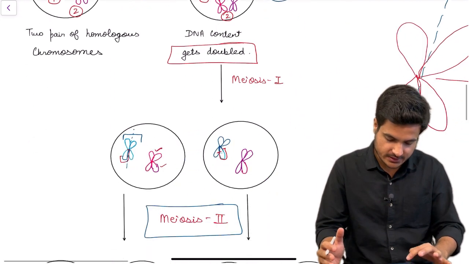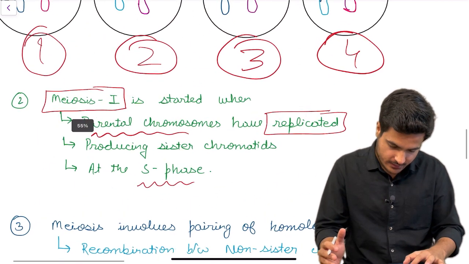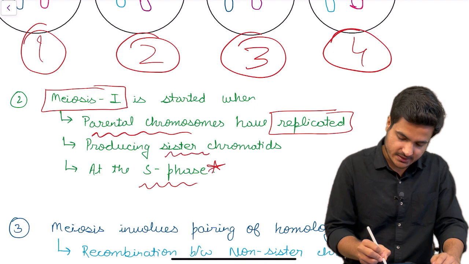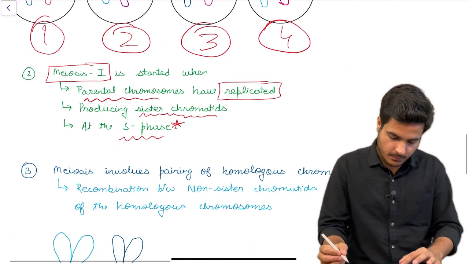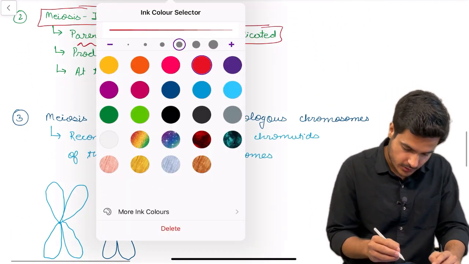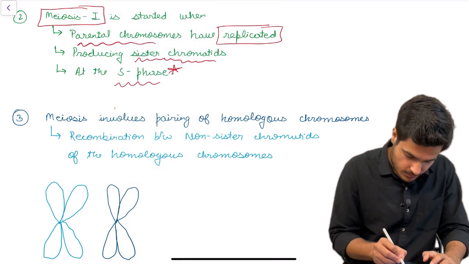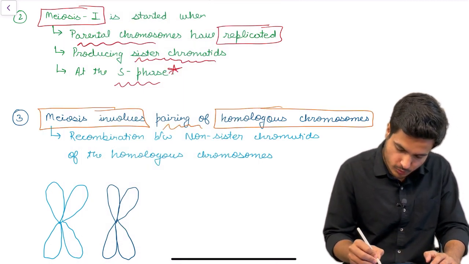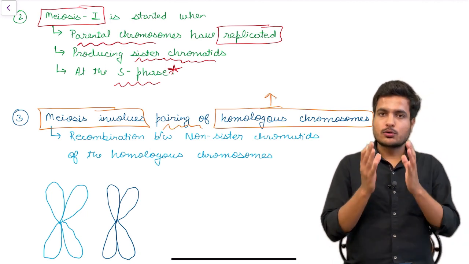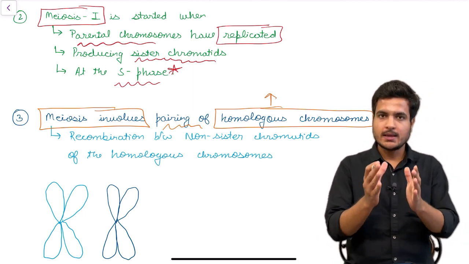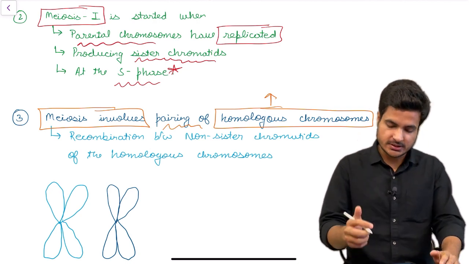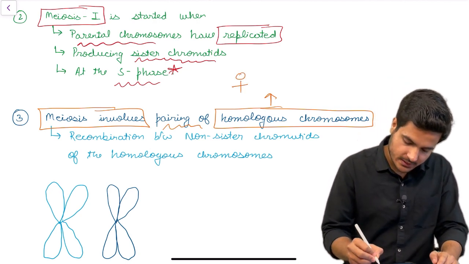That is mentioned in the text here: when meiosis 1 starts, during the S phase, sister chromatids are produced, and meiosis involves pairing of homologous chromosomes. Homologous chromosomes are the chromosomes which are equal in length and have the same location of the alleles of the same gene, which we get from our mother and father.